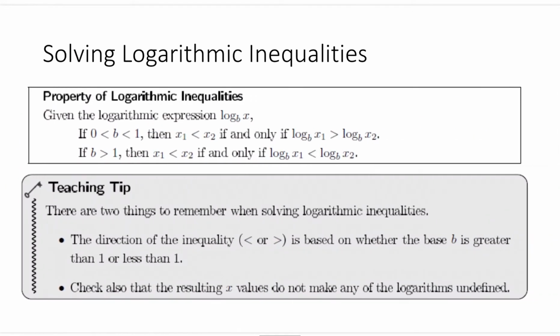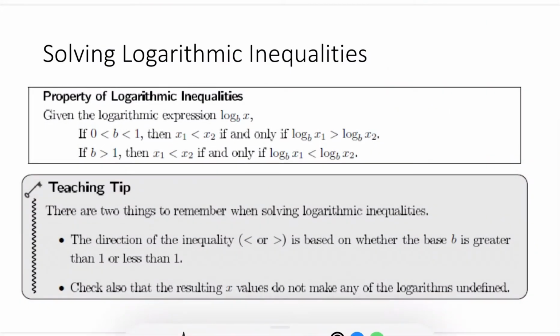Okay, let's go to solving logarithmic inequalities. Given the logarithmic expression log x base b, we have two conditions. So the same thing from the other topics, no? For inequalities, we have two conditions.